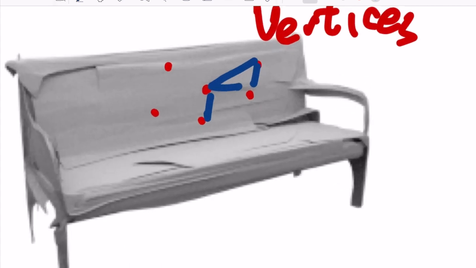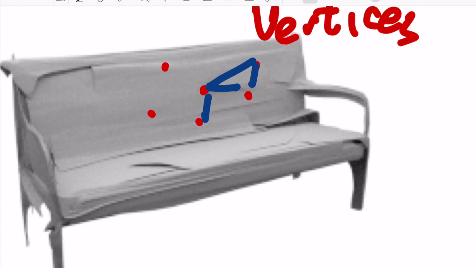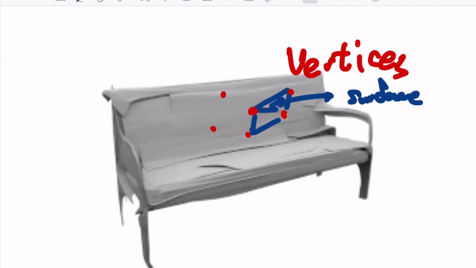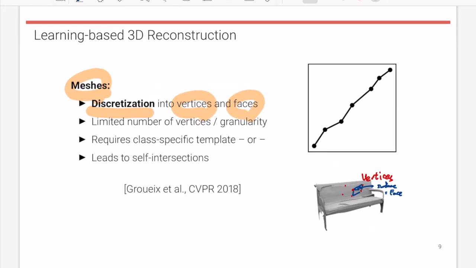So when we consider this triangle between these 3 points, we can get a surface. This is called a face. So compared to the point cloud representation, from now on we can represent a surface by considering the faces of the vertices. This is a mesh representation.